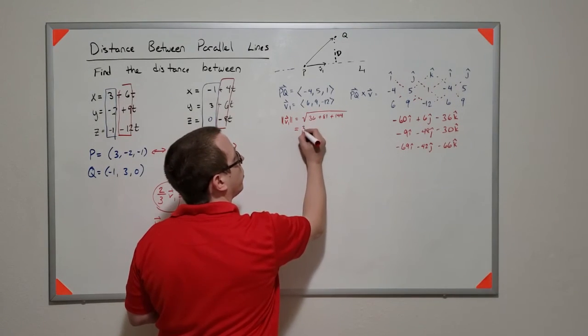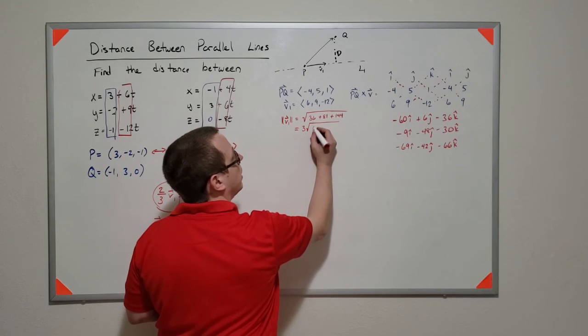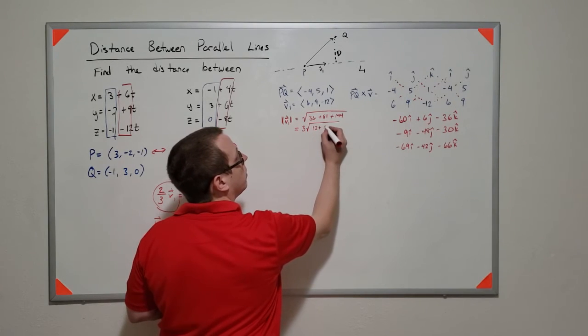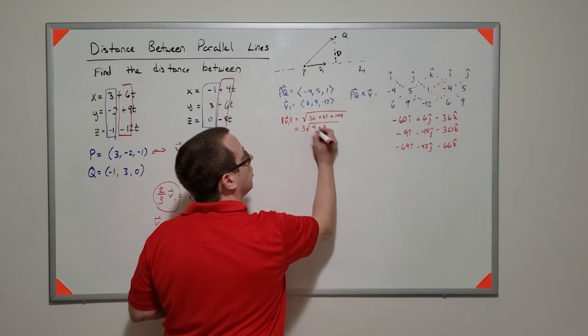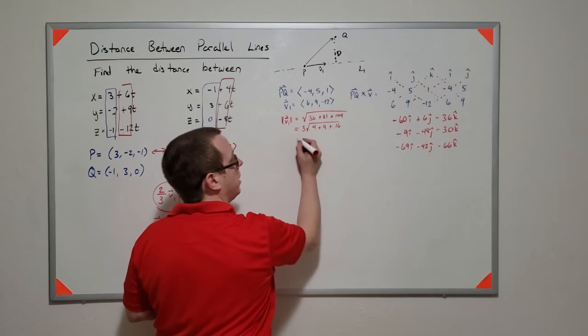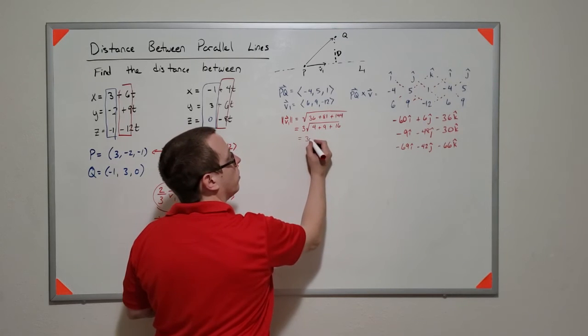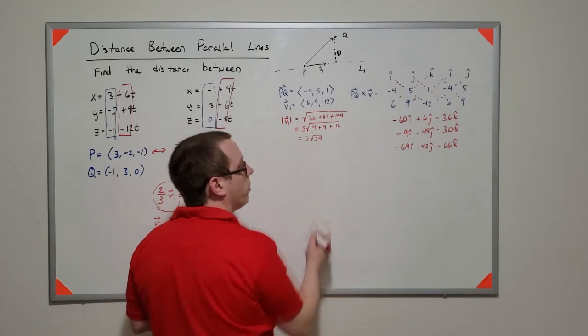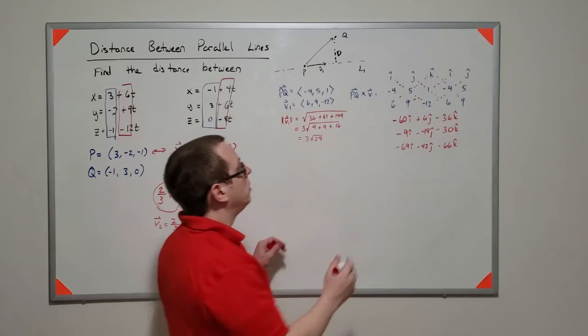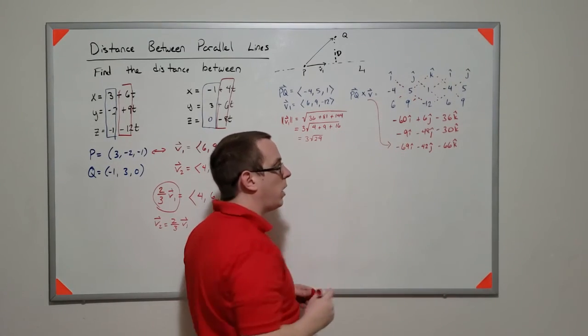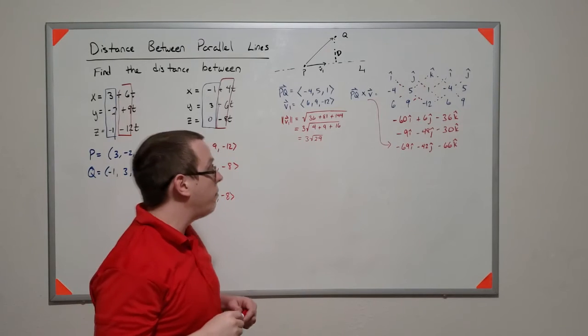So if I pull a 3 out, that's 4 plus 9 plus 16, so 3 square root of 29.